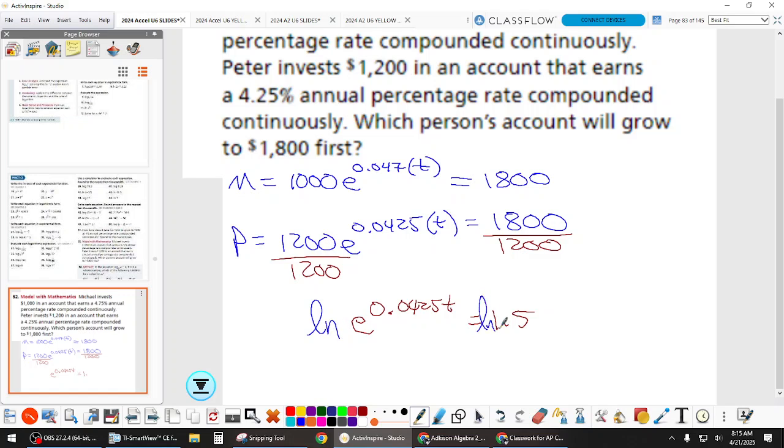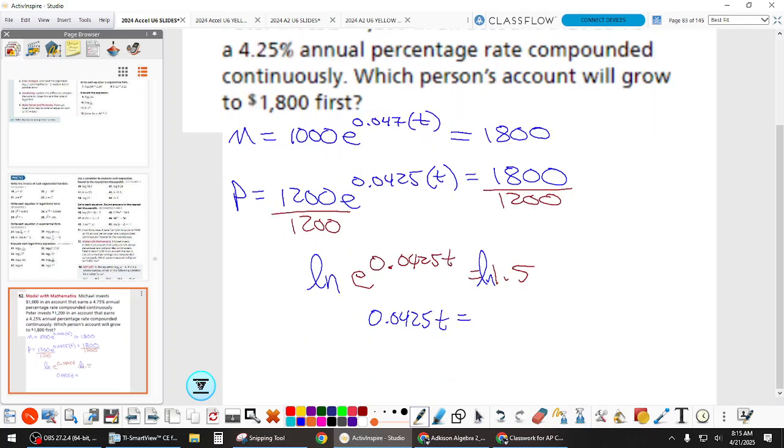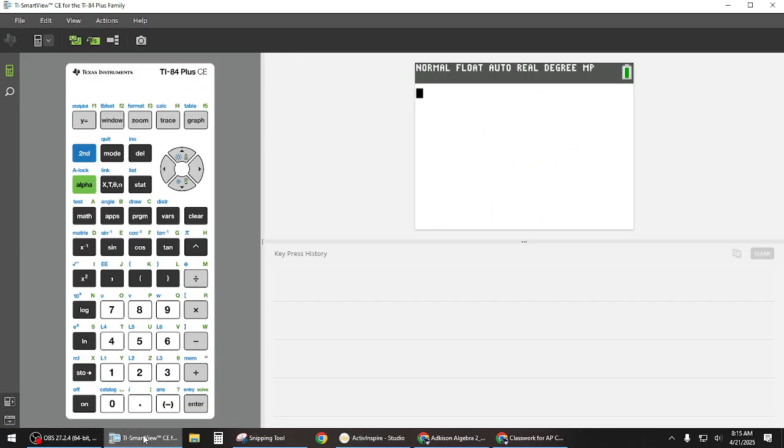Okay, so remember we learned on Friday to undo an exponential, we do a log of the same base. To undo the log, take the exponential of the same base. Okay, so this will leave us with 0.0425t. And we're saying e to some exponent gives us 1.5. So we know that has to be, it's not even a full 1, right? So we can just take that to the calculator.